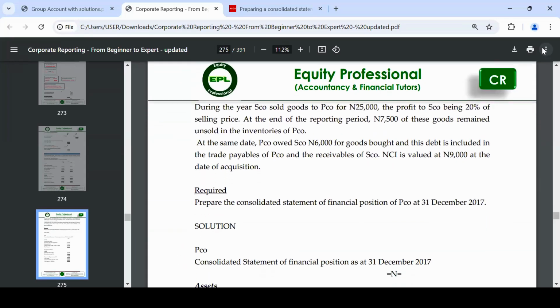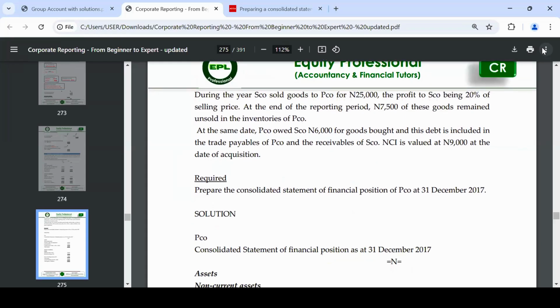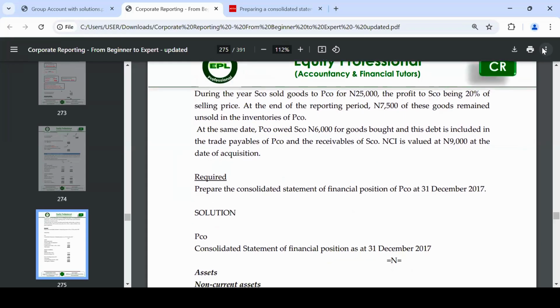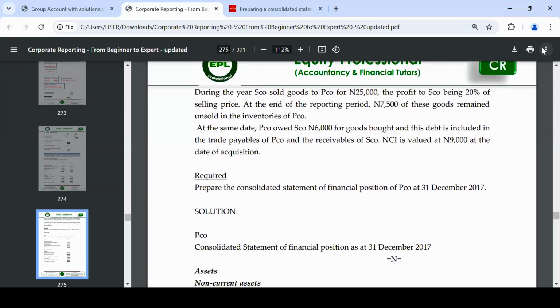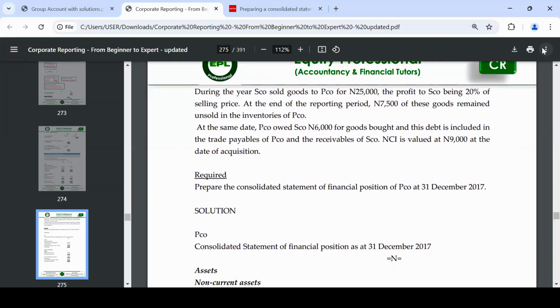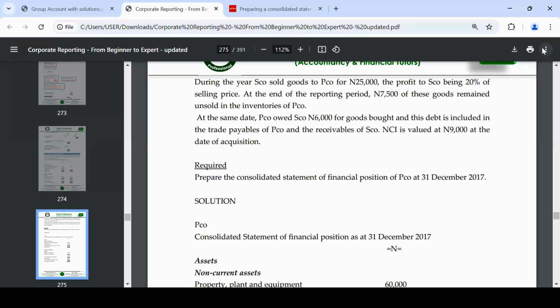During the year, ESCO sold goods to PICO for 25,000, the profit to ESCO being 20% of selling price. At the date of report, at the end of the reporting period, 7,500 of the goods remained unsold. At the same time, PICO owed 6,000.